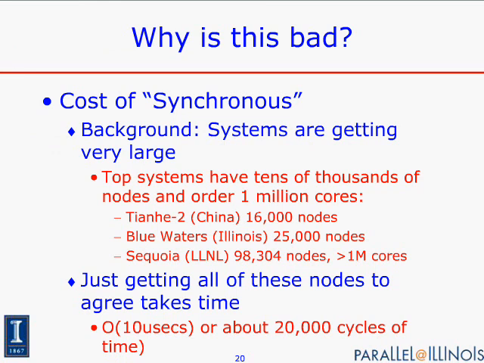So just imagine the amount of work that you can do if you spent 20,000 cycles on each of 1 million cores. That synchronous part starts becoming a real problem.